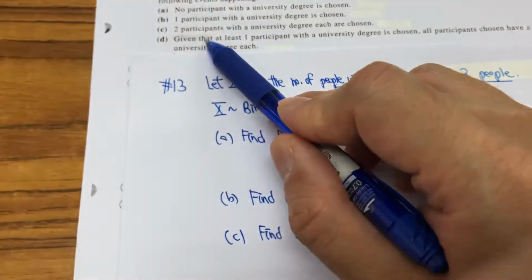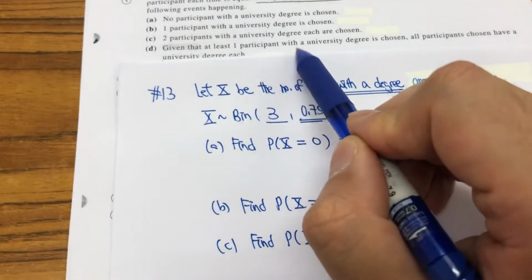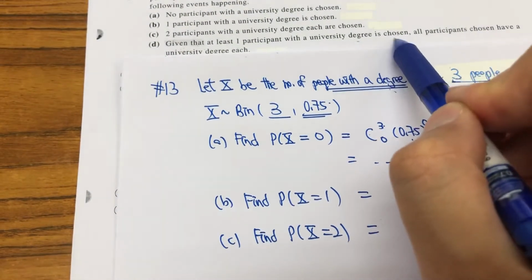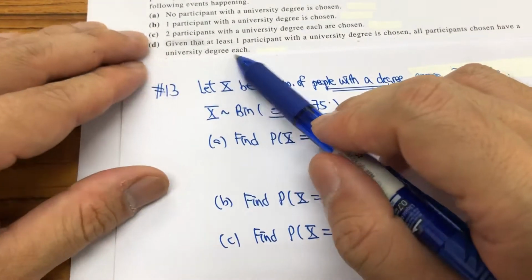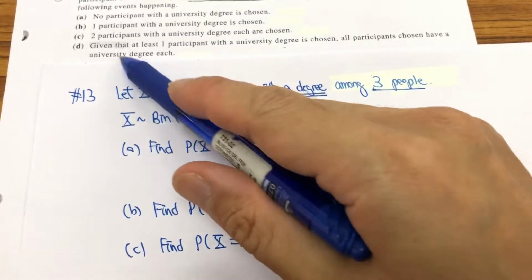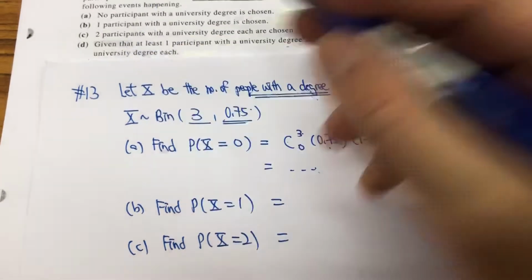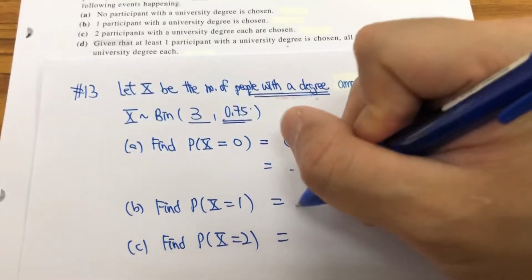Given that at least 1 participant with a university degree is chosen, all participants chosen have a university degree each. Look at this carefully. Do you remember "given that"? Let's write here.